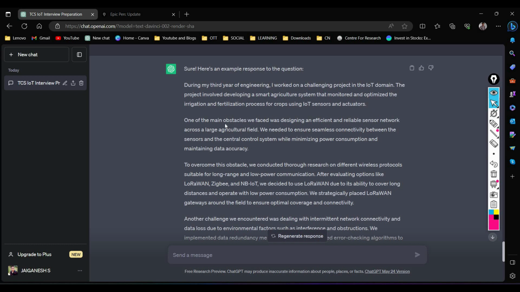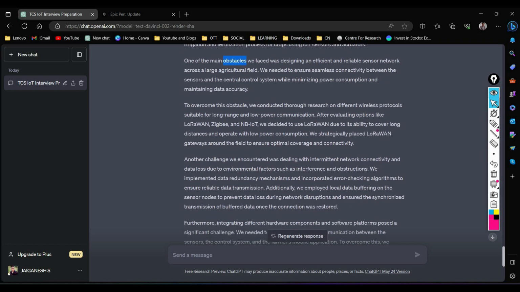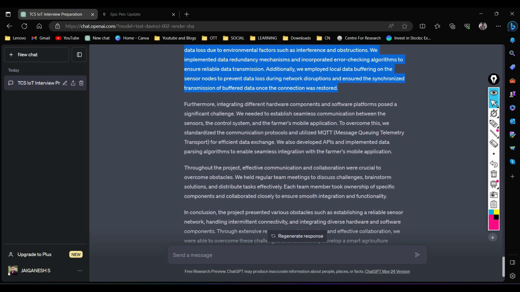Next, I have started mentioning the obstacles: what are all the obstacles that we faced in that particular project and how to overcome them. So here is the methodology that we conducted to overcome the problem. And once the problem is identified, next I'm talking about the challenges: what are the various challenges that we encounter in implementing this methodology, and furthermore integrating different hardware.